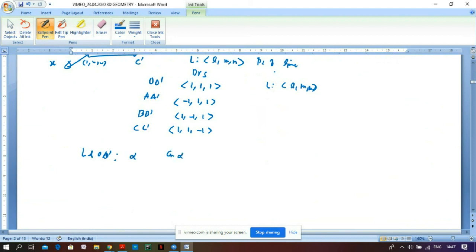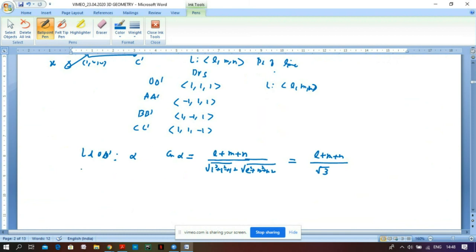And so cos alpha is, now apply the result, (L + M + N) over the square root of 1 squared plus 1 squared plus 1 squared, and the square root of course L squared, M squared, N squared is 1, so it's just (L + M + N) over root 3.